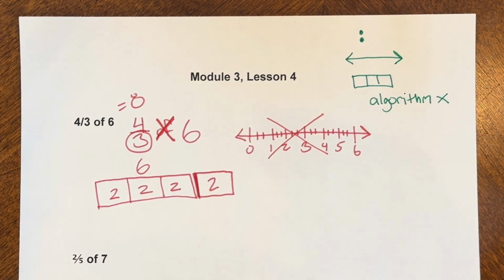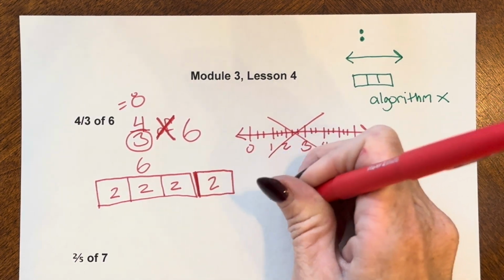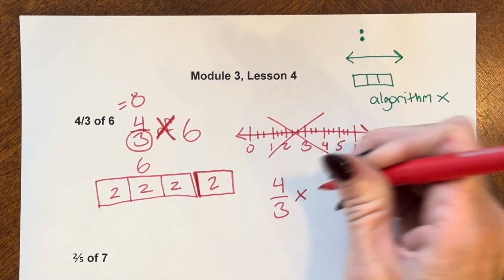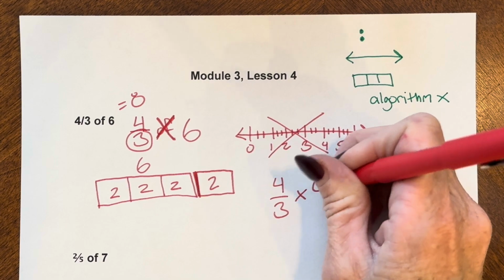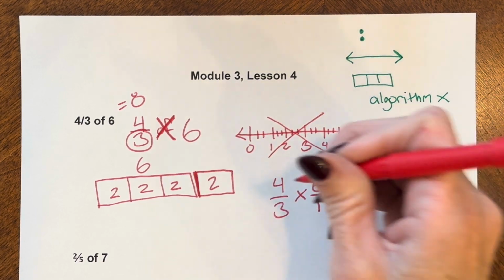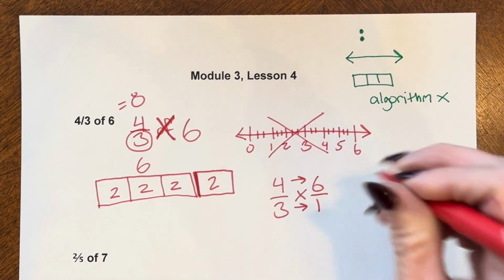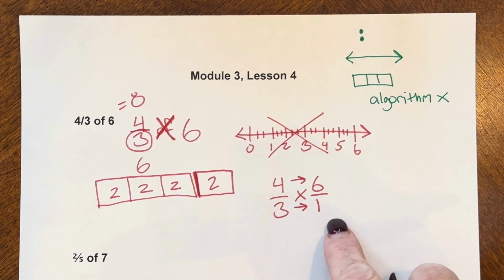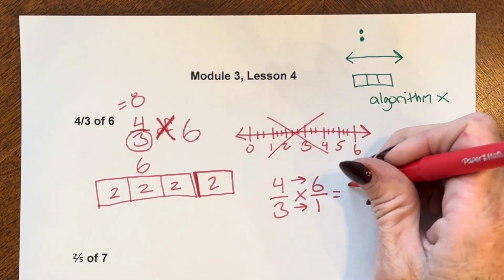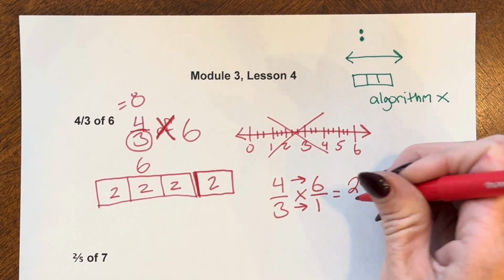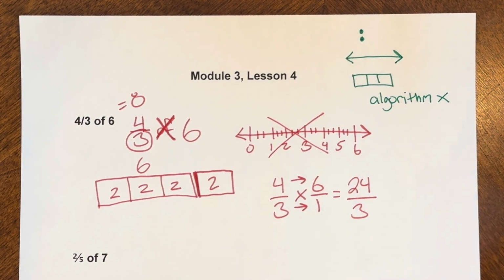Now, I probably would have just actually done this one as an algorithm problem, which means I would have changed my 6 to a fraction and multiplied straight across. So I'm getting 24/3.